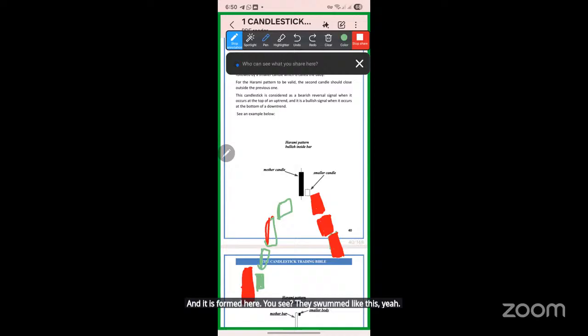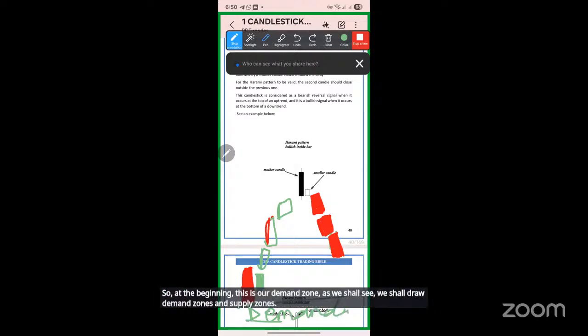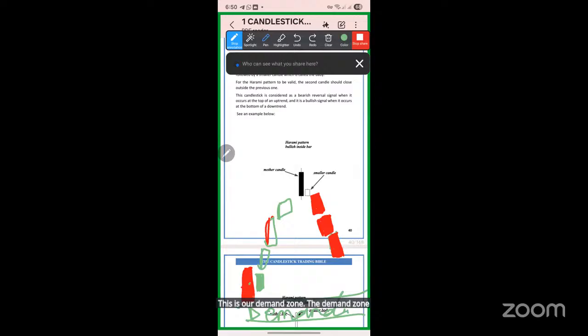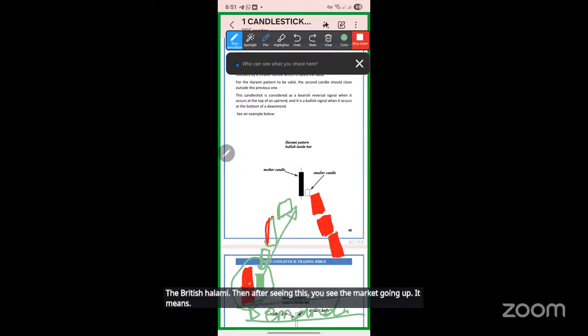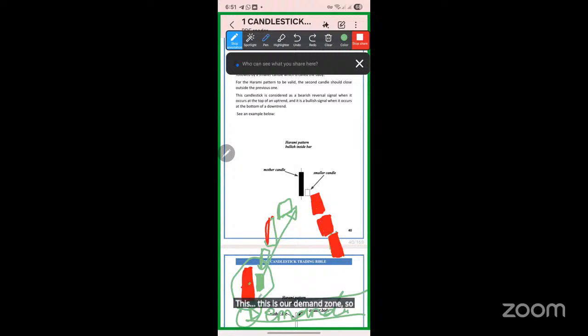So at the beginning, this is our demand zone. As we shall see, we shall draw demand zones and supply zones. At the demand zone, you see this pattern forming, the bullish harami. After seeing this, you see the market going up. It means this is our demand zone, so it has led to the upward trend.